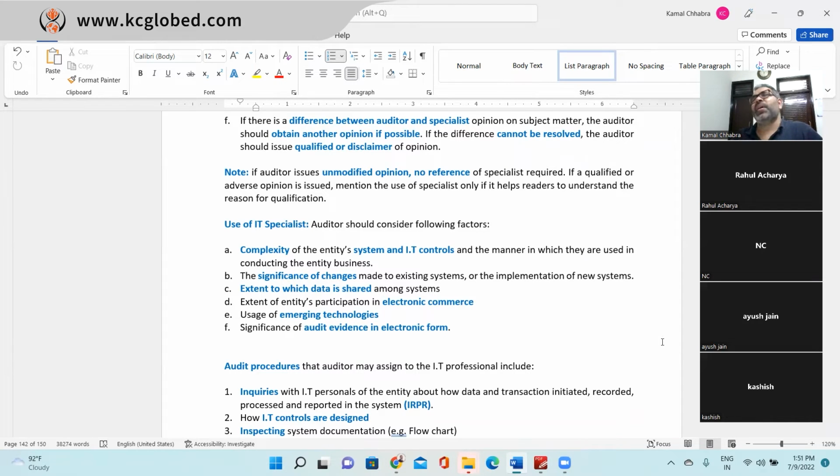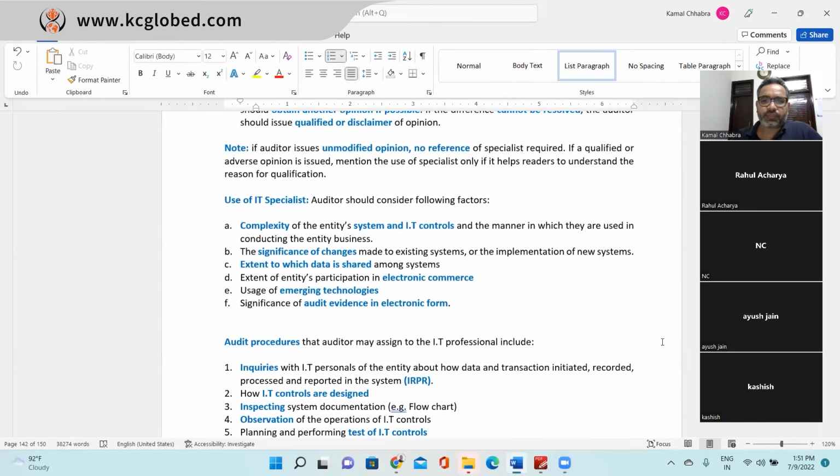And there is some other litigation passed by the High Court, Supreme Court or Tribunal against the management and against the company. In that scenario, you have a difference of opinion. Then you may involve a third-party lawyer for the assessment of the same, if possible. If the difference cannot be resolved, the auditor should qualify or disclaim the opinion.